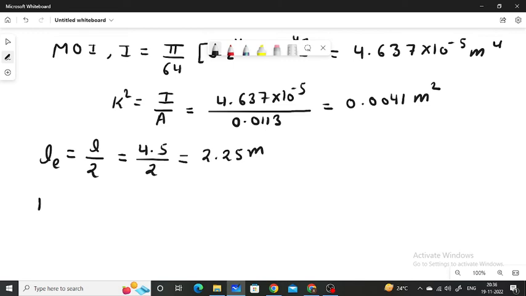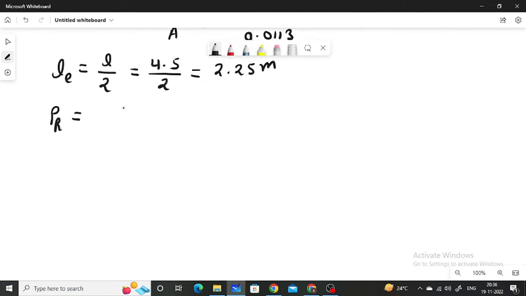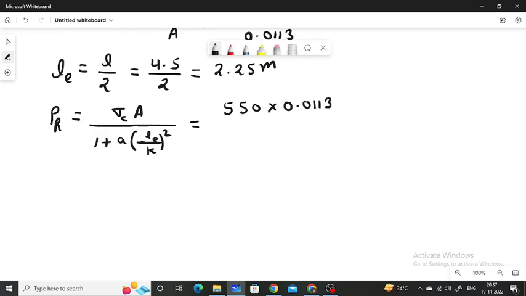Now using Rankine formula, P is equal to sigma C into A divided by 1 plus A into LE by K whole square. Sigma C is 550, area is 0.0113 upon 1 plus 1 upon 1600 into 2.25 square divided by 0.0041.